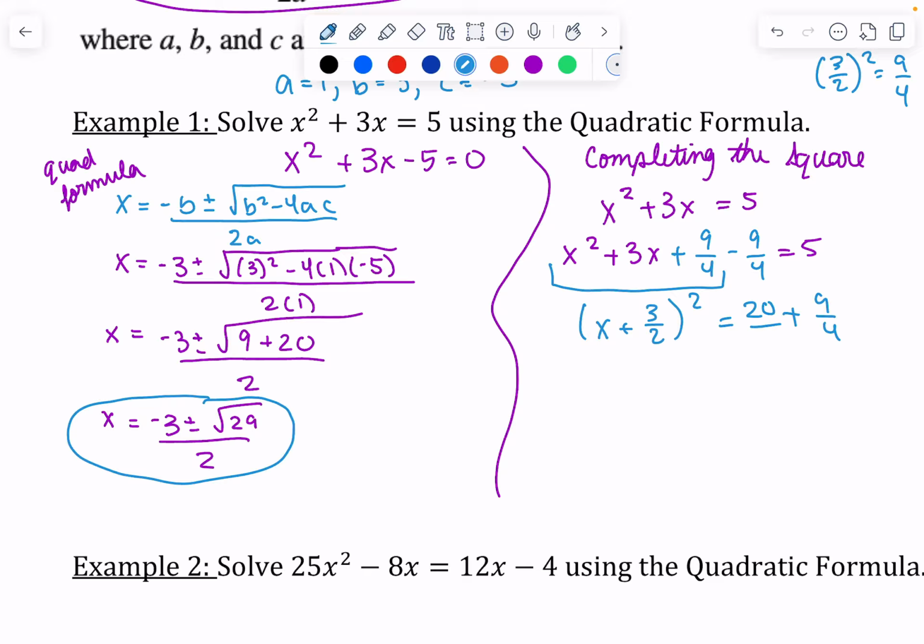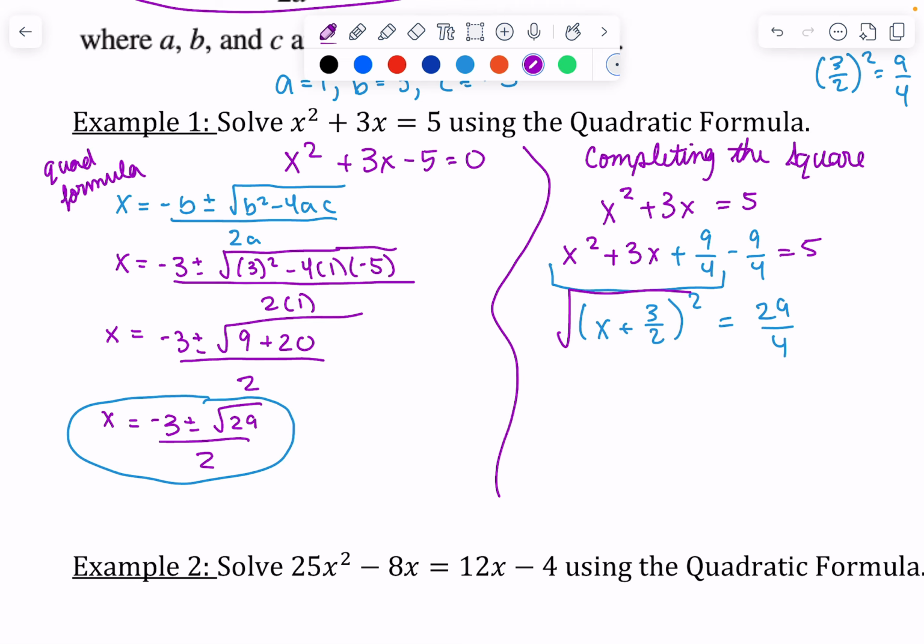Combining that, I would get 29 over 4. Now I know I just did that all in one step, but I don't recommend that you do that because it'll lead you to make careless mistakes. I would recommend showing all that work on your note packet.